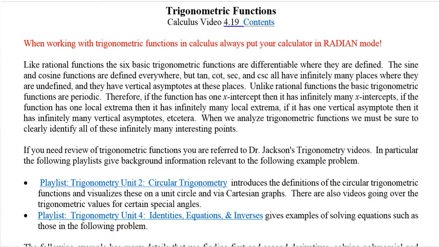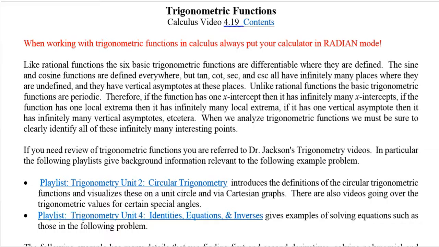Okay, and they also have some videos there in that playlist going over trigonometric values for certain special angles. They're special not because they're particularly important, but because they are easy to figure out exact values as an algebraic expression, as a number, maybe with some radicals in it, but as a specific number rather than just as an inverse trig, where you have to leave it like that.